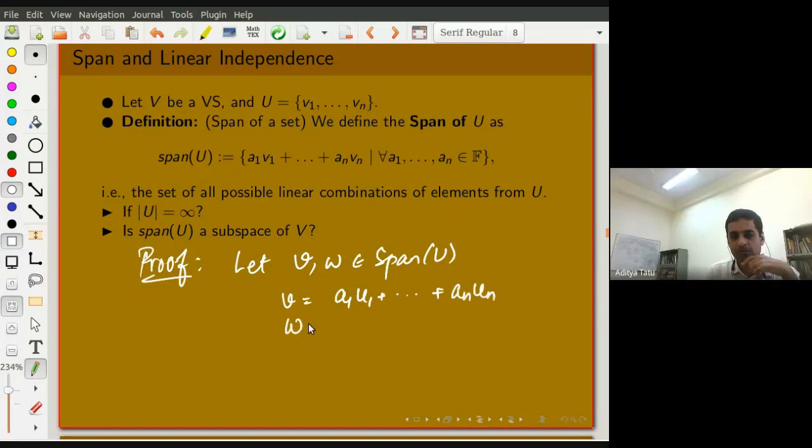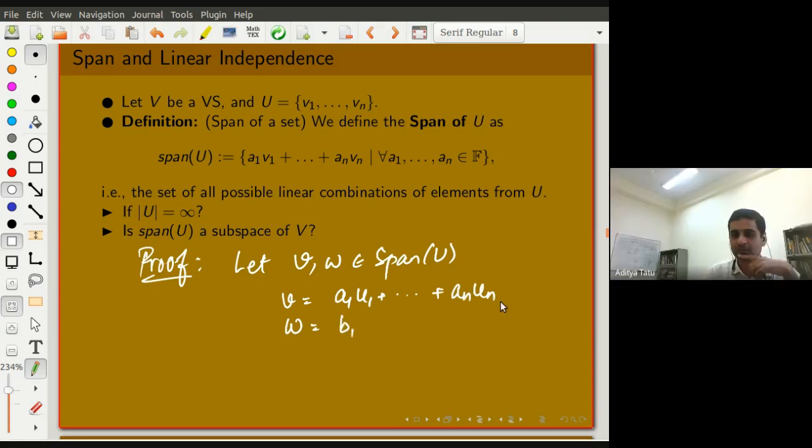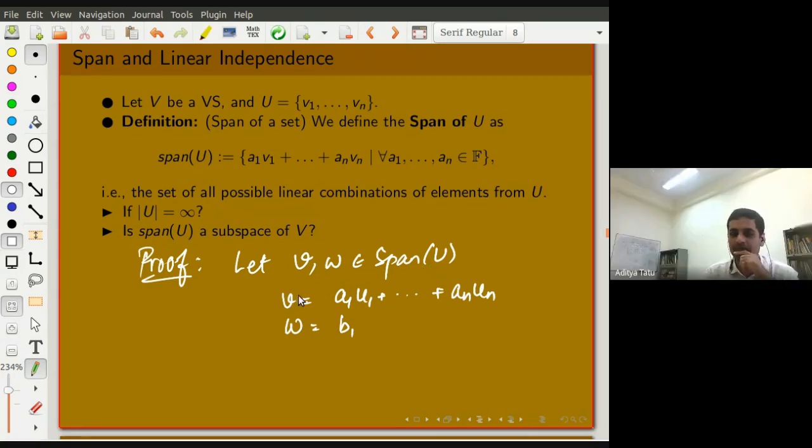How about W? B1 U1 plus up to BN UN? Because it is span of U, it should contain a linear combination of elements of U. Yes, but should V and W be given as the linear combination of the same n elements?